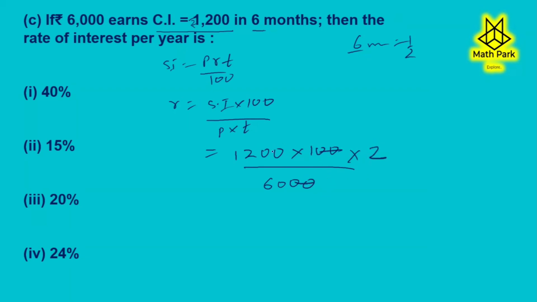So let us simplify. 6 ones are 6 and 6 20s are 20 times 2. This is 40% is the rate of interest. Here, got it?